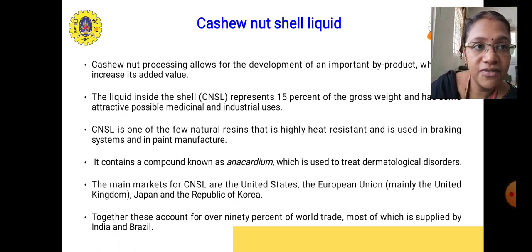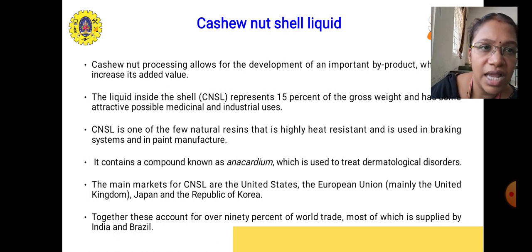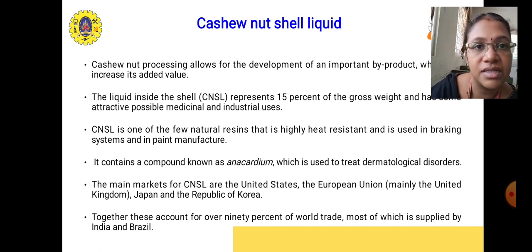It is nearly 15% of the gross weight and has attractive medicinal and industrial uses in many cases. This liquid is one of the few natural resins that is highly heat resistant, and it is used in braking systems and in the manufacturing of paints.